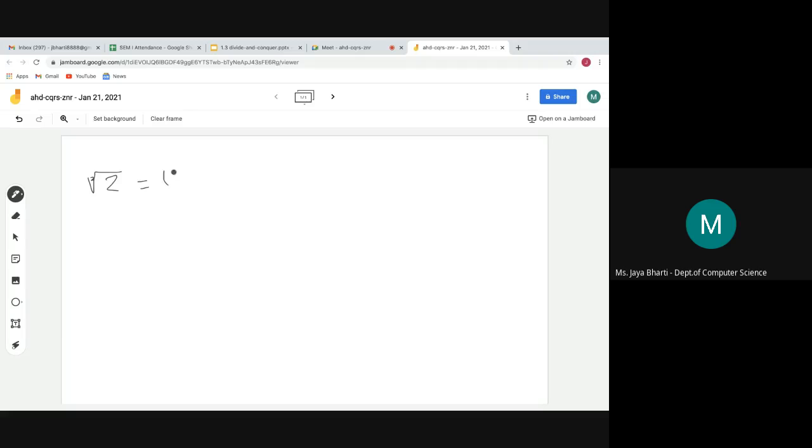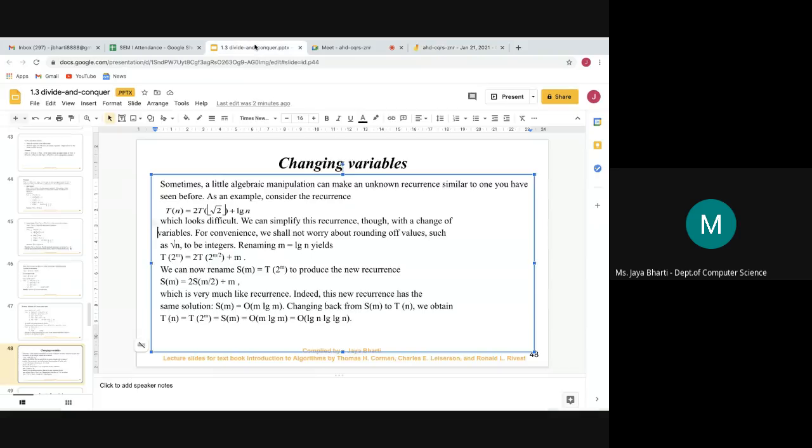So you can write it like 2 to the power 1/2. When you are simplifying it, the root 2 will become 2 to the power m by 2. And the m we have already considered, log n = m, so it will be m. So now the whole recurrence will look like this after renaming.